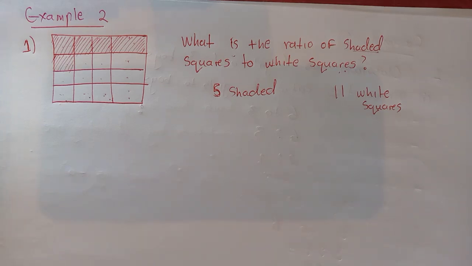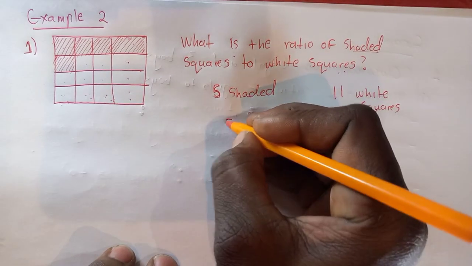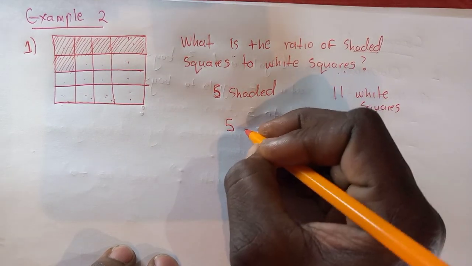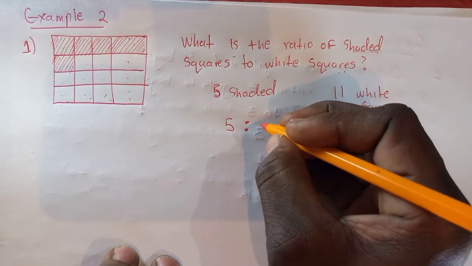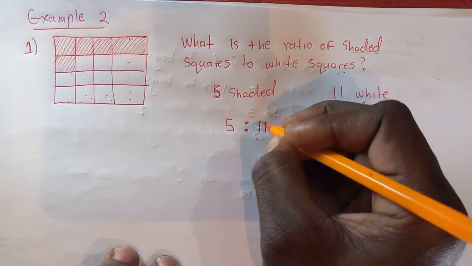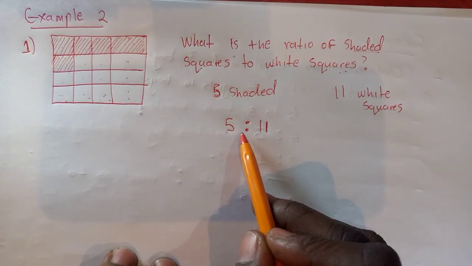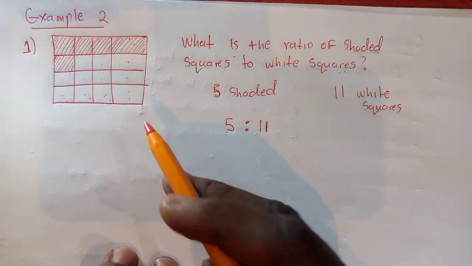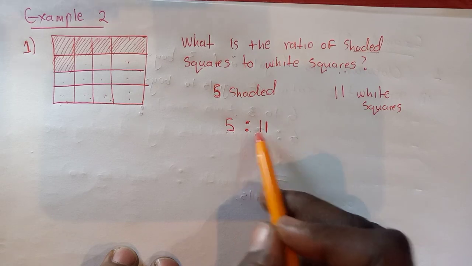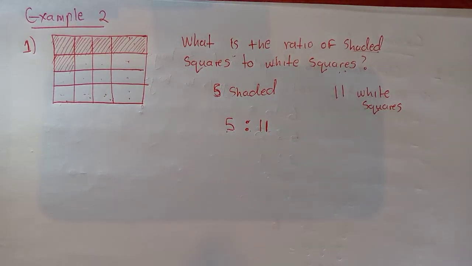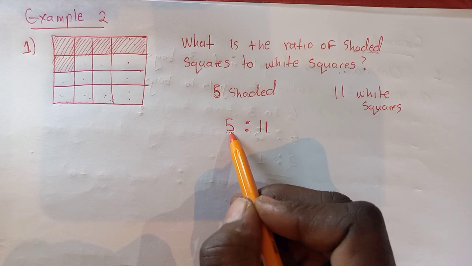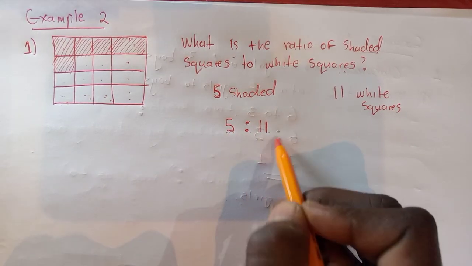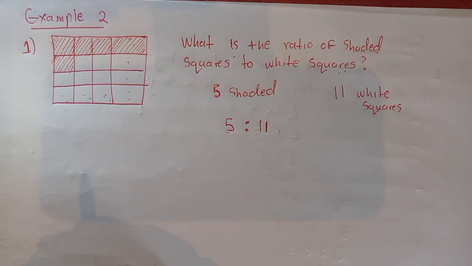Shaded, we have 5, then the symbol for ratios, to white squares, which is 11. So the ratio of shaded squares to white squares is 5 to 11. This can't be simplified any further because we don't have a number that can go into 5 and 11 without leaving a remainder.